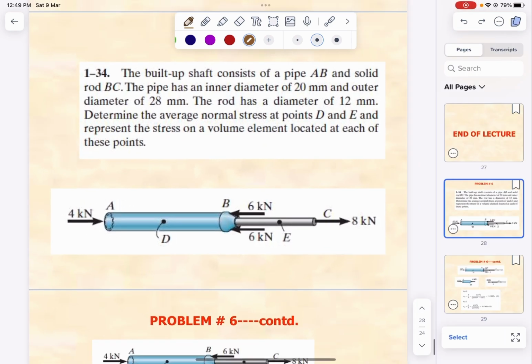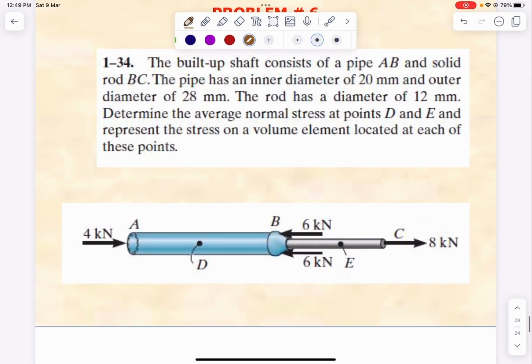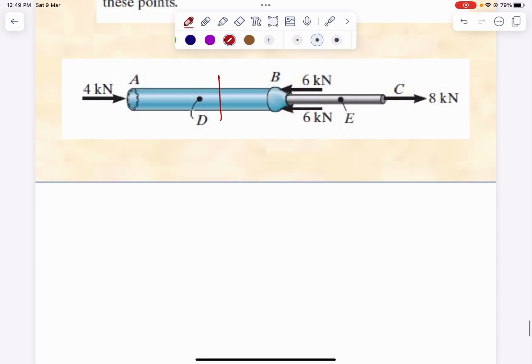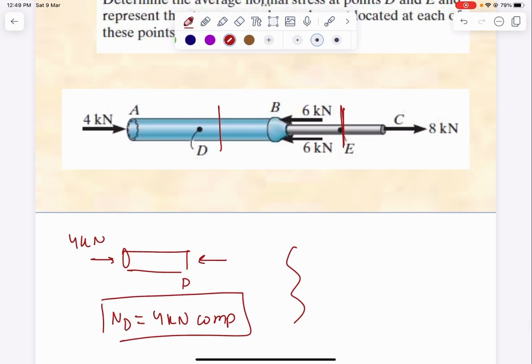Okay, so we need first of all to find the normal force on these points. So at point D, if I make a cut, the normal would be this one here. This one is point D, and I have the normal is equal to 4 kilonewton compression. And if I make a cut at E, I can take it from here.